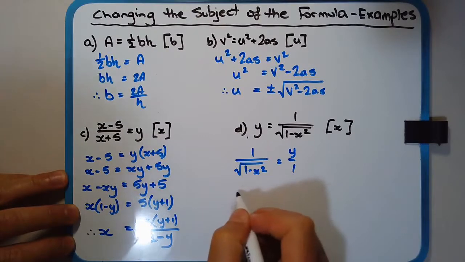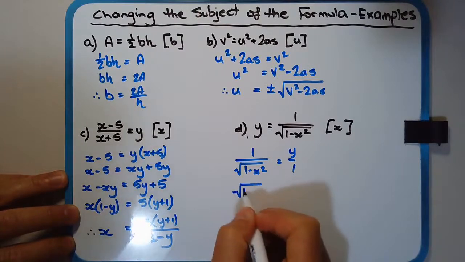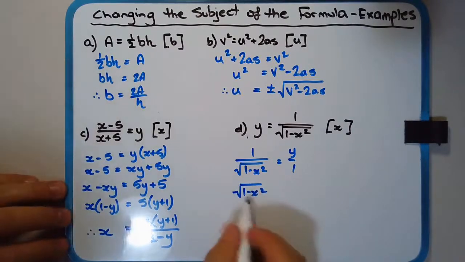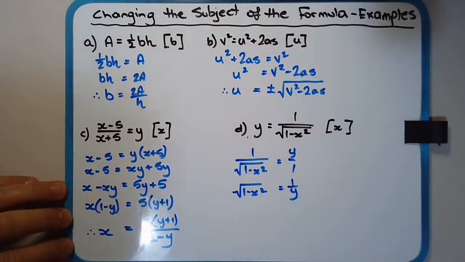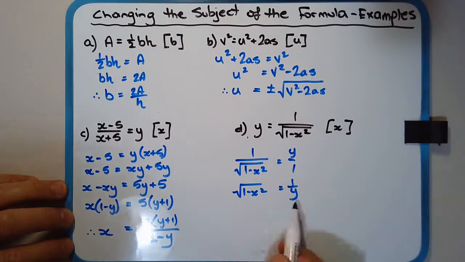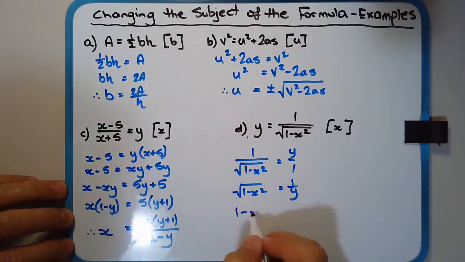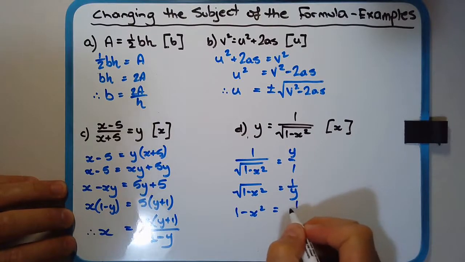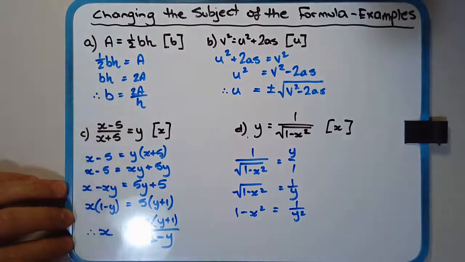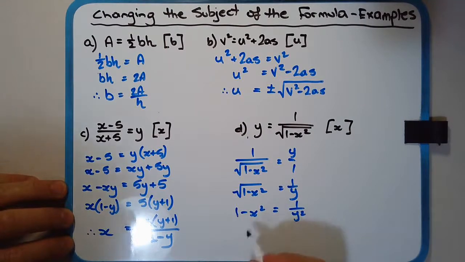By taking the reciprocal, it takes me one step closer to making x the subject, and that's equal to 1 over y. Next thing we're going to do is square both sides. So 1 minus x squared is equal to 1 on y squared. Then we're going to subtract 1 from both sides.